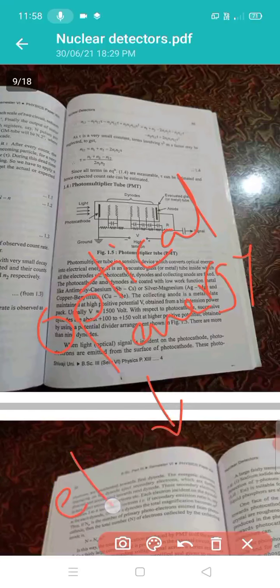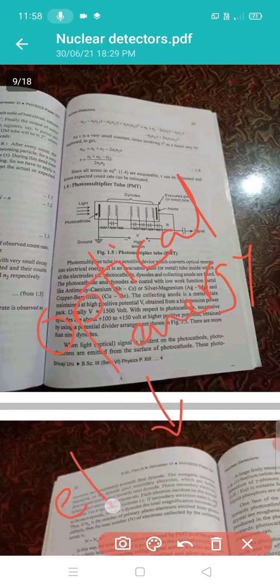Its name indicates that it converts optical energy into electrical energy. Do not forget it. This one is important regarding the examination. A photomultiplier tube is a sensitive device which converts optical energy into electrical energy.